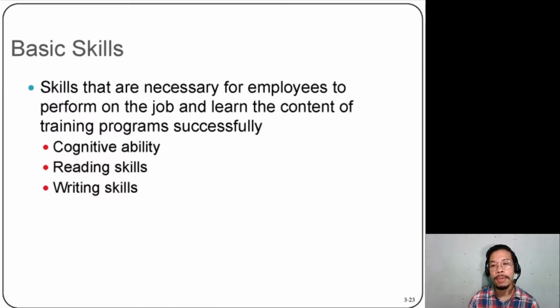Basic skills, of course, most of you have done psychological assessment or intelligence testing, so we've done this. These are the skills that really pertain to the cognitive aspect of the individual. That includes aptitude, reading and writing skills, and of course sometimes mathematical skills and abstract reasoning, right?